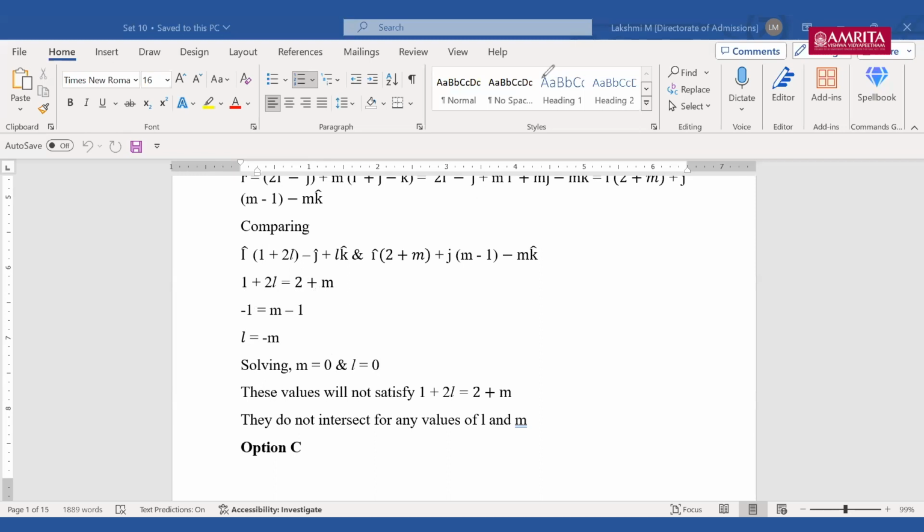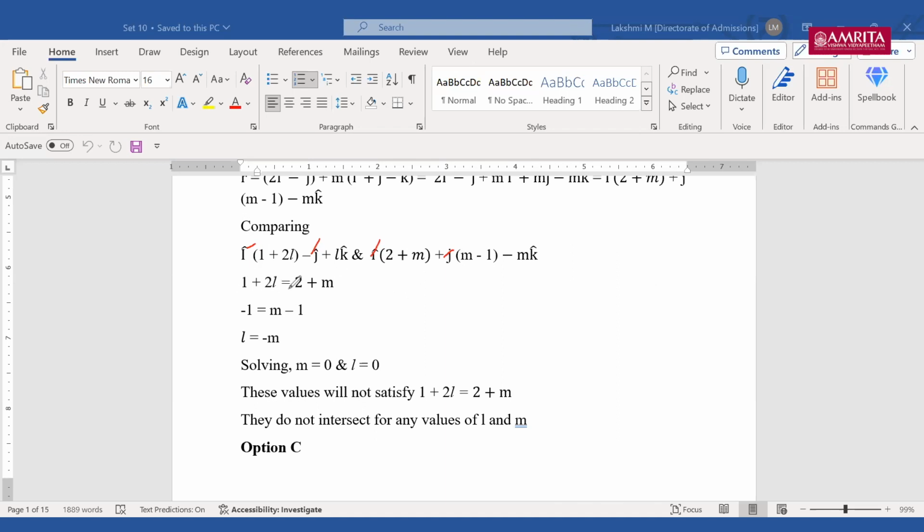Is this question clear, or is this the first time you are encountering such a question? You need to compare each component: this is i, so it's 2 + M; this is j; then this is k. After substituting, you'll be able to find out what M and L are, and then check which option is correct.